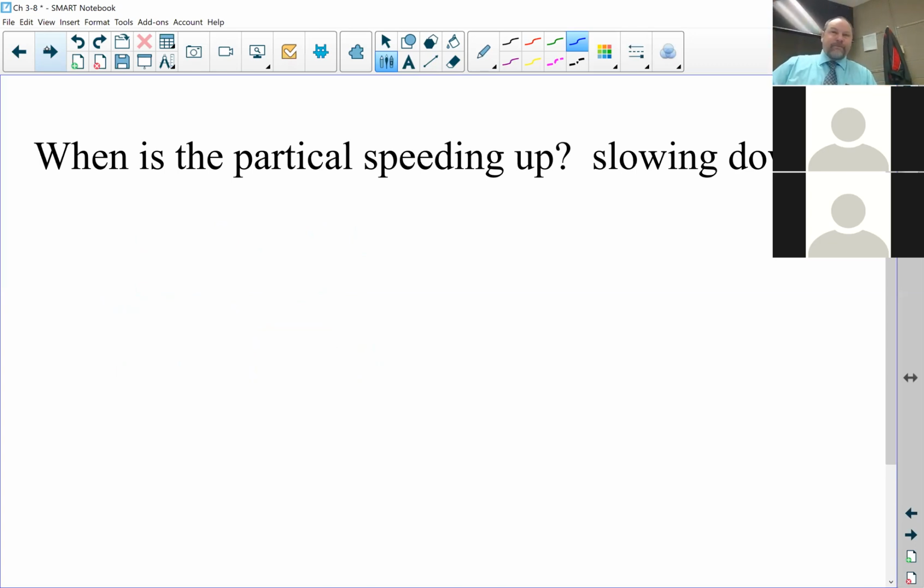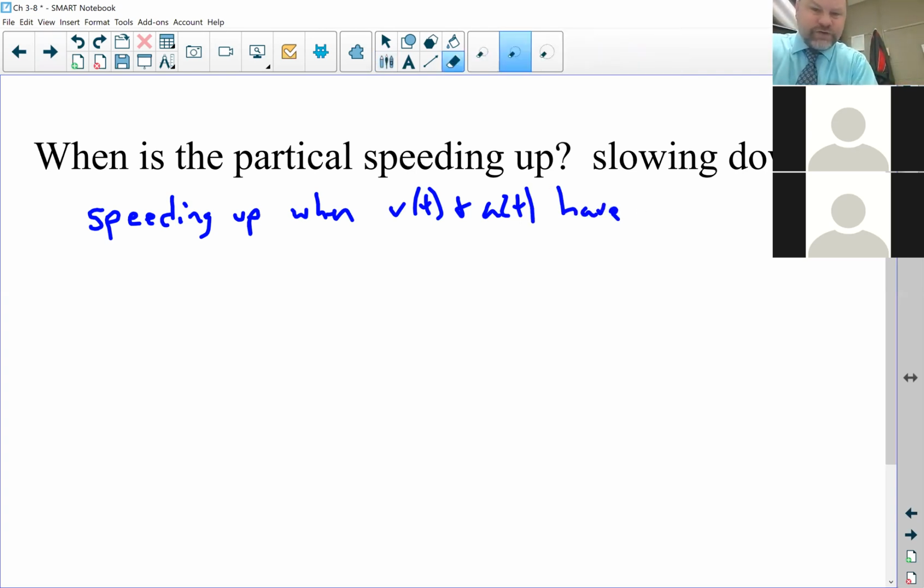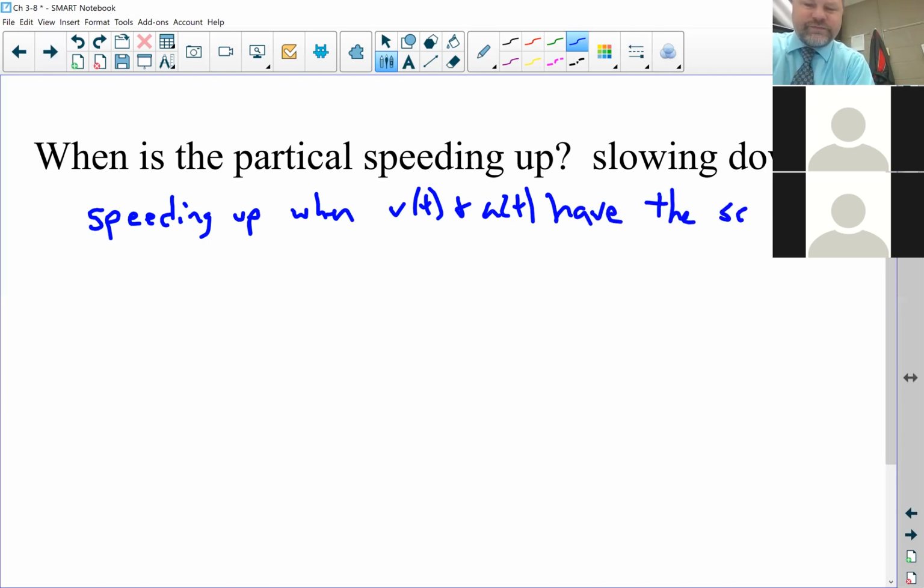So in general, a particle is speeding up when velocity and acceleration have the same sign.